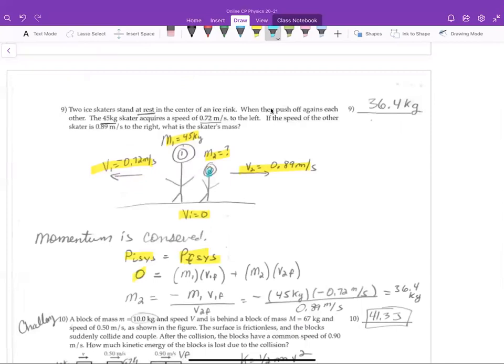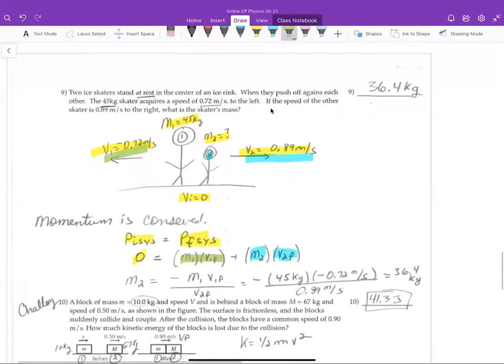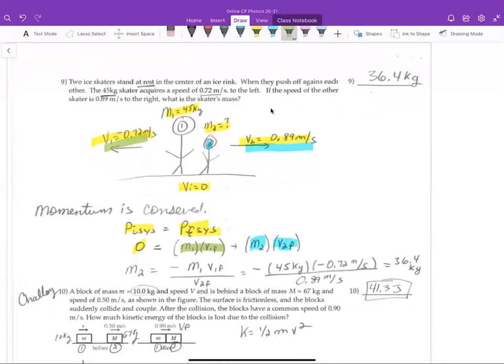Take a look at the final momentum. Object 2 is moving to the right, so has a positive velocity. Here's my mass times object 2's velocity. It has to equal object 1's momentum. Well, it's its mass times its velocity, so there that is. We don't know mass 2, so we got to solve for it.